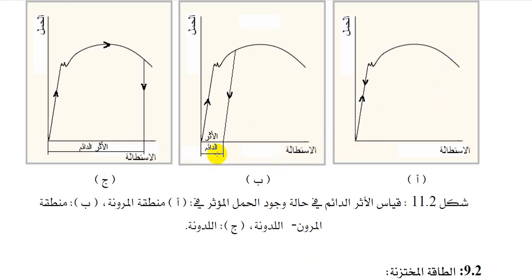The permanent set is indicated by the proof load's inclined line, which is parallel to the elastic line generated from the point of origin where the load and extension axes intersect.